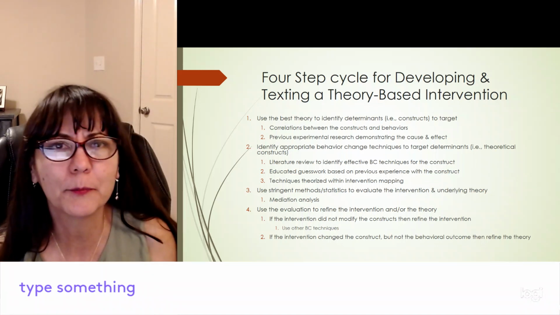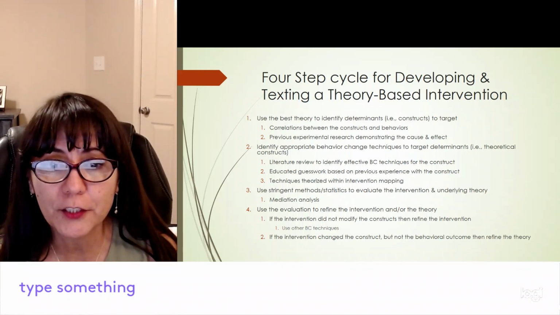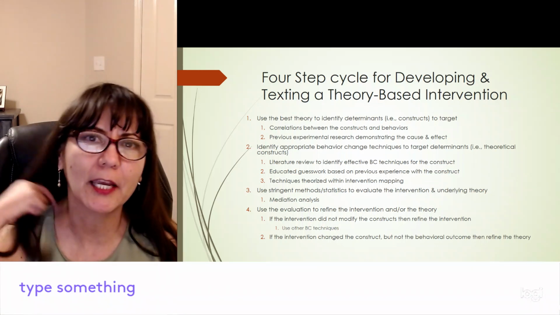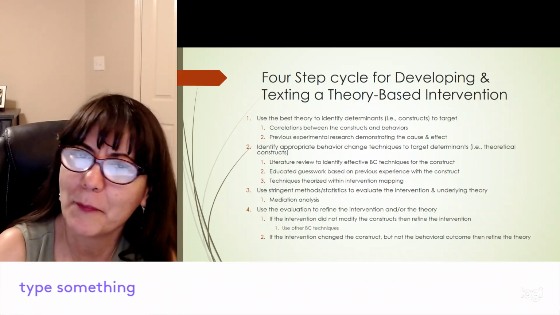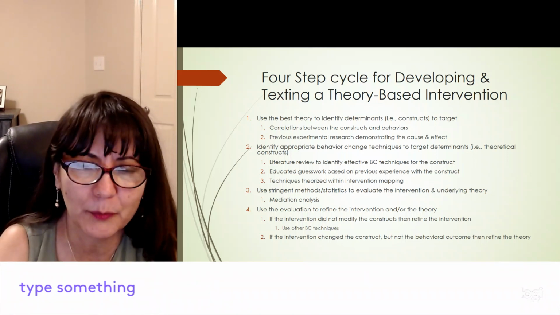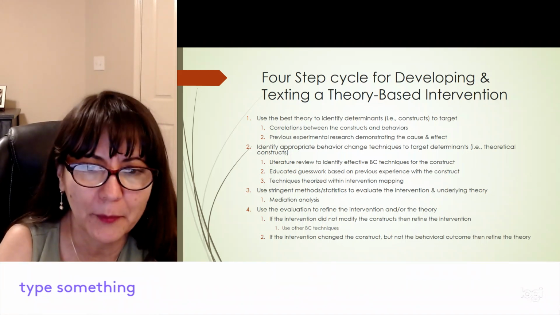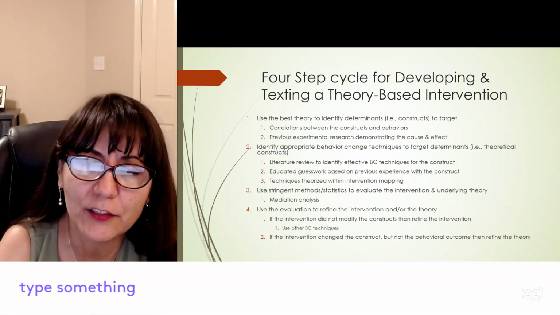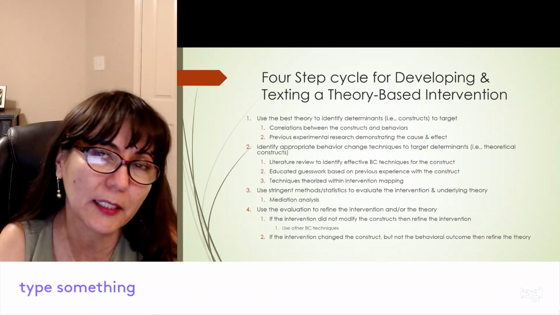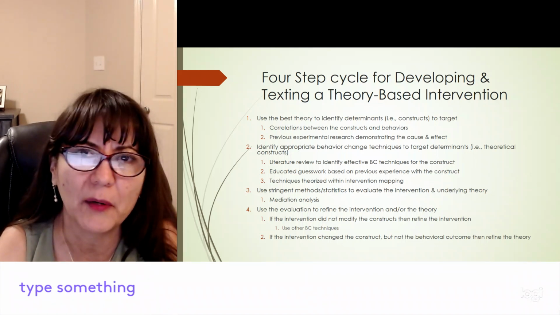Maybe incorporate some new behavior change techniques. If the intervention changed the construct, but it didn't change the behavioral outcome, then maybe that theory was not appropriate for your specific behavior that you're trying to influence. Or maybe some of the constructs did change as a result of the intervention and were somewhat related to the behavior, but maybe one construct had no influence at all.